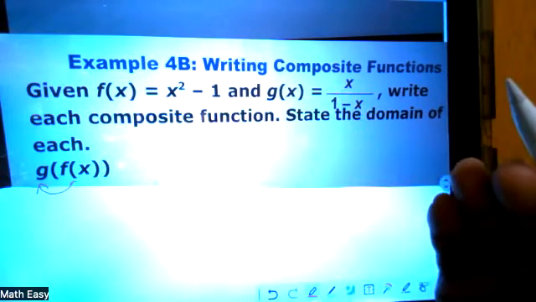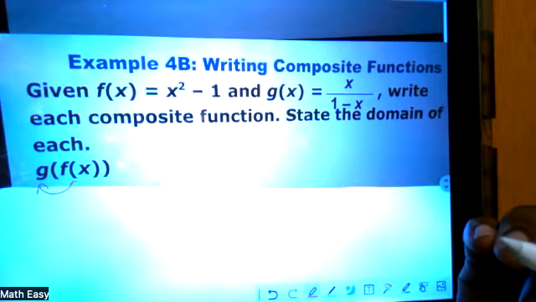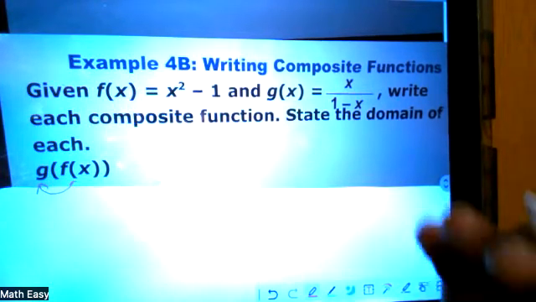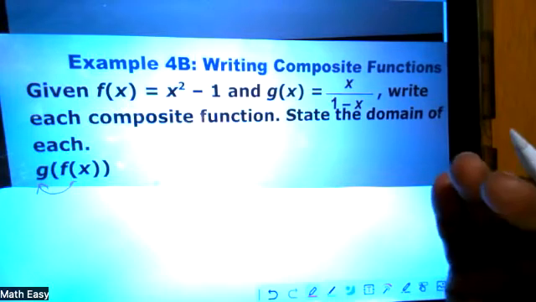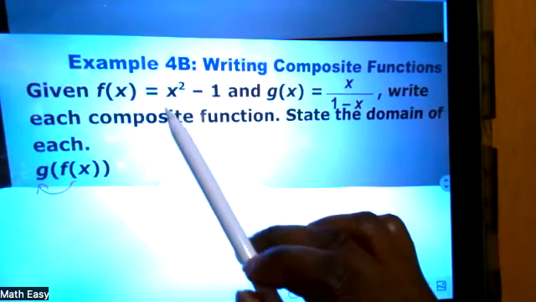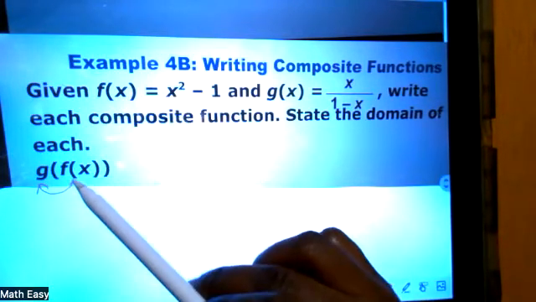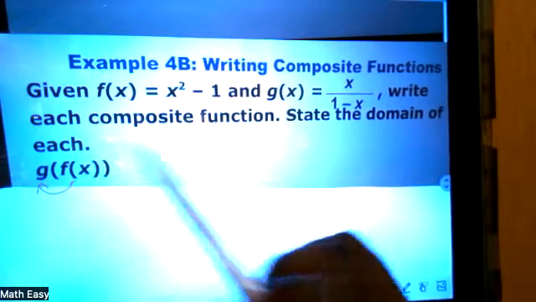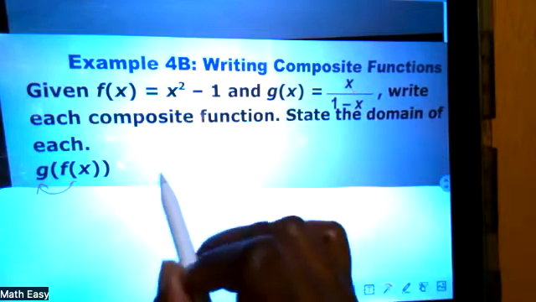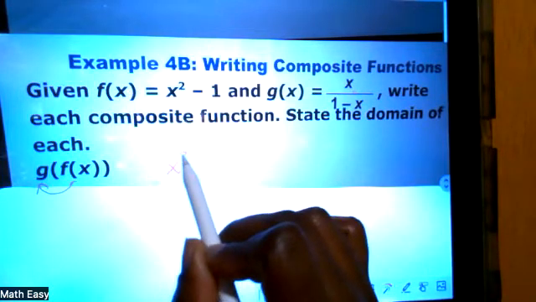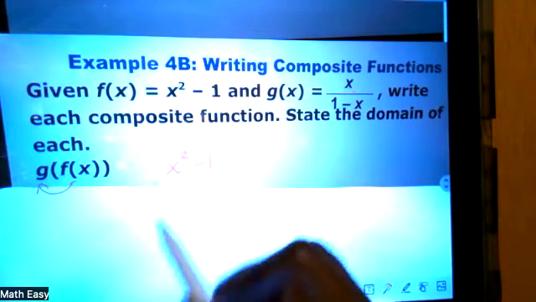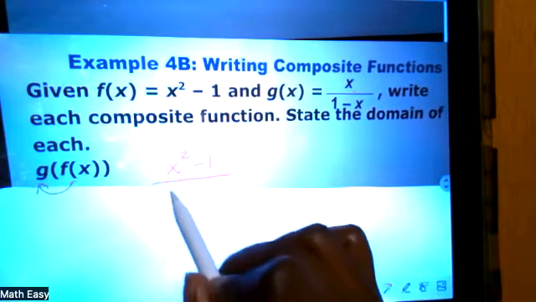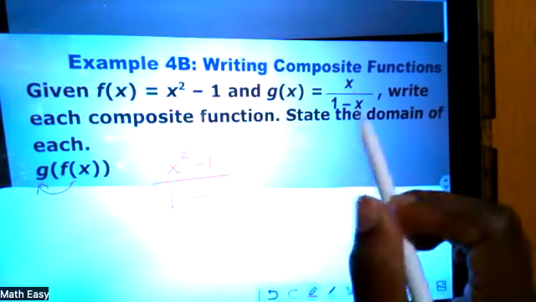When we do not have a number and we're writing an expression for the composite function, we replace x in our second function with our first function. So we replace x with x squared minus 1, and we have -1, subtract.